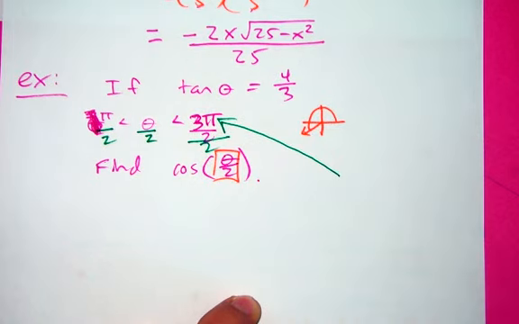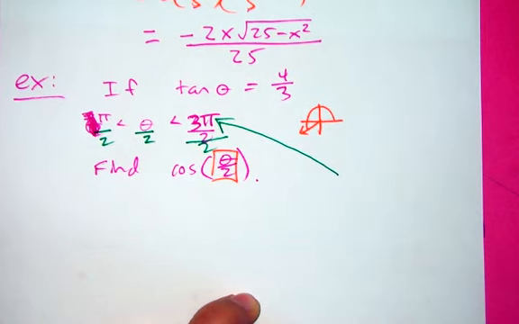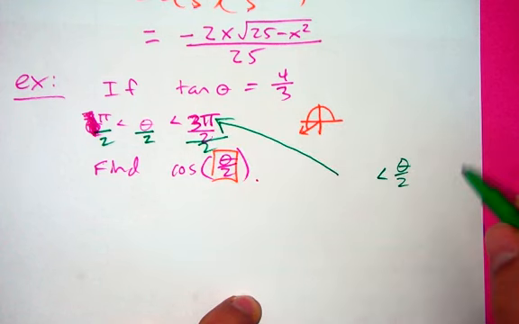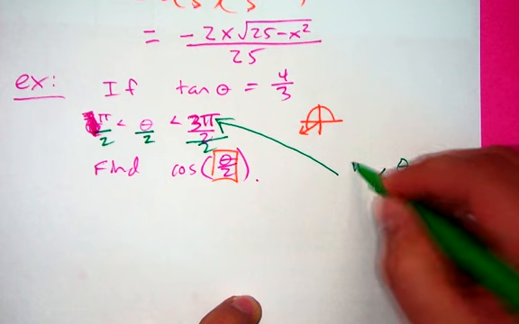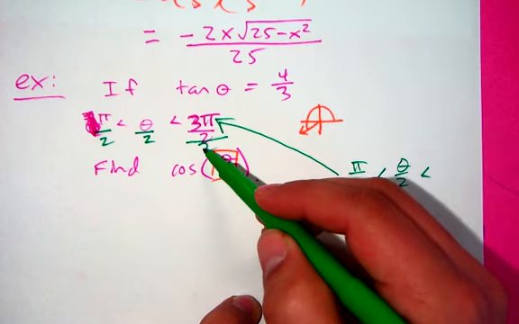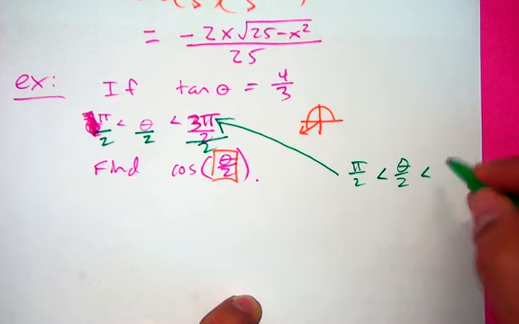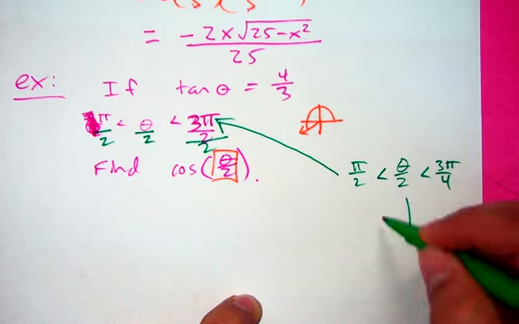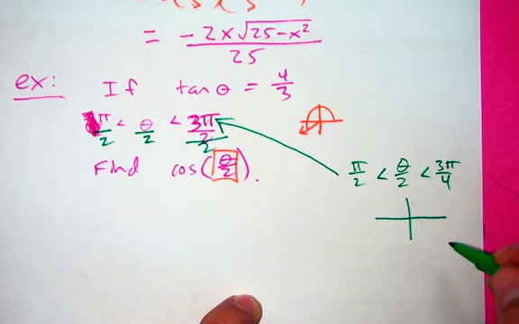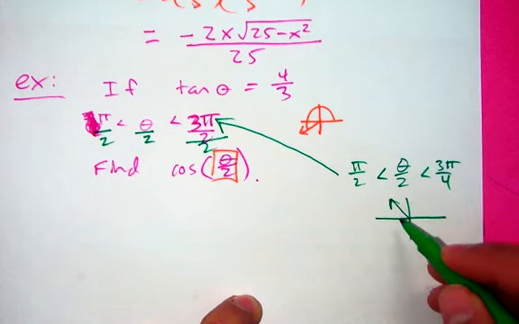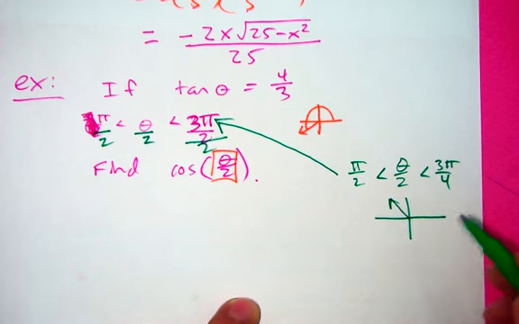Because I want to know where theta over 2 is going to be. So if I divide everything by 2, half of theta will be between pi over 2 and 3 pi over 2 divided by 2 is the same as 3 pi over 2 times a half. So 3 pi over 4. So where is that? It's in the second quadrant, specifically between 90 and 135, but all we care about is what quadrant it's in. Okay?